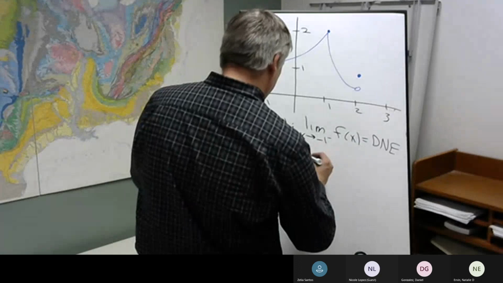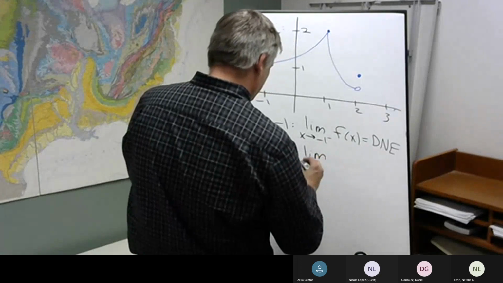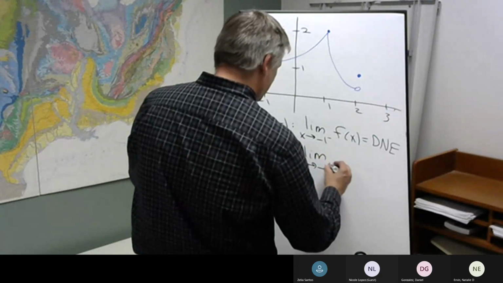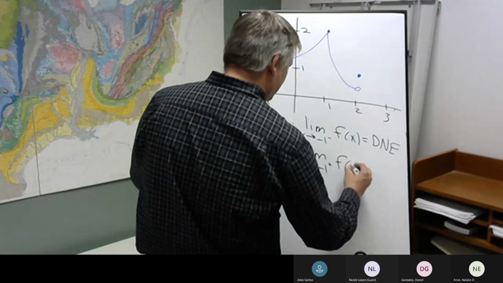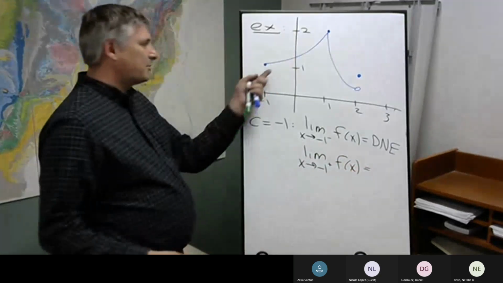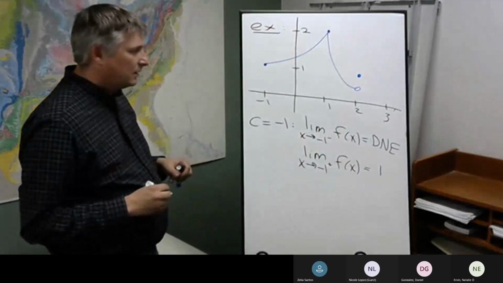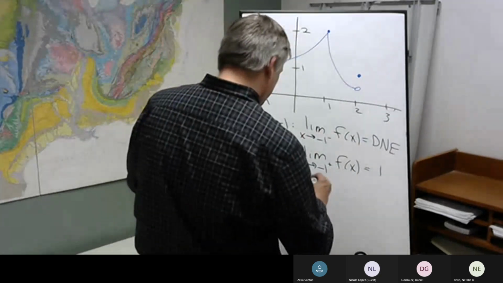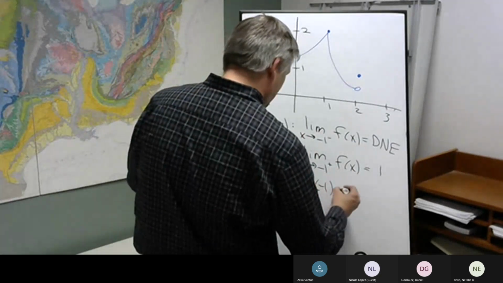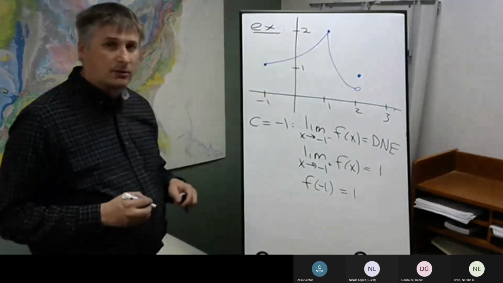Likewise, though, we do have this. Maybe not as much likewise, but the limit of f of x as we approach from the right is equal to 1. And then f of -1 is also equal to 1.